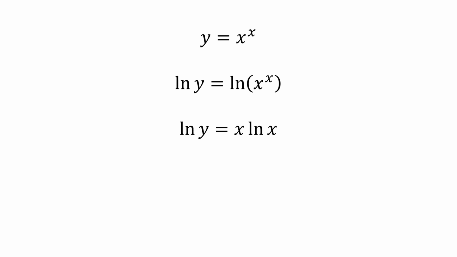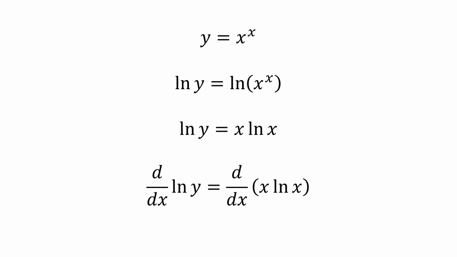We are now ready to implicitly differentiate this. To begin, we take the derivative of both sides, which gives d by dx of ln y equals d by dx of x ln x.